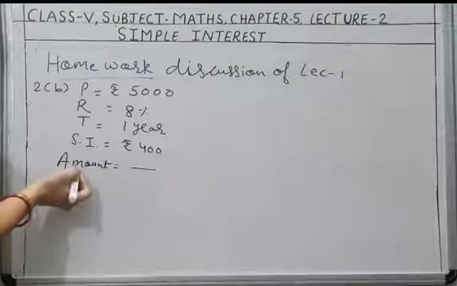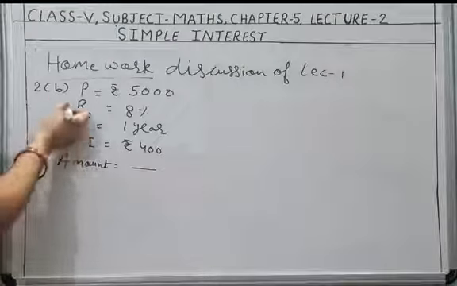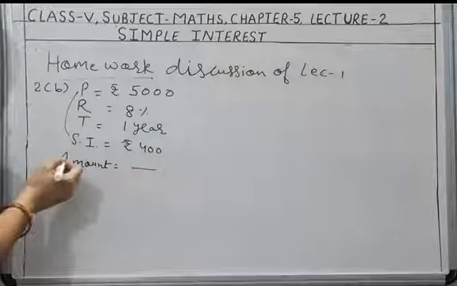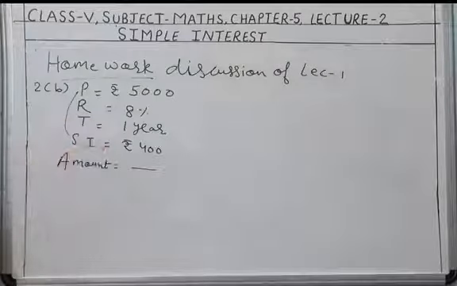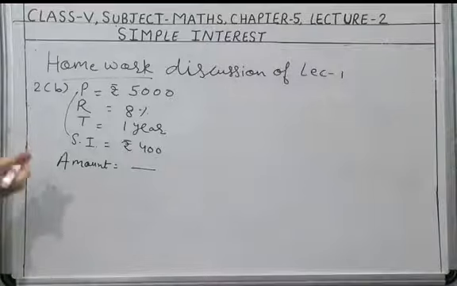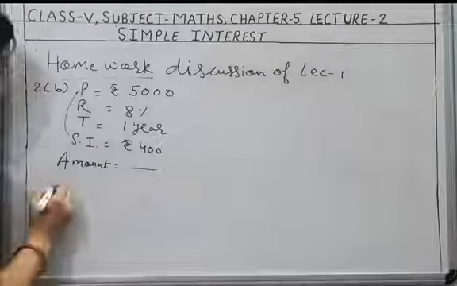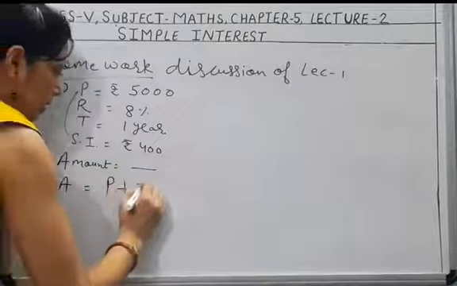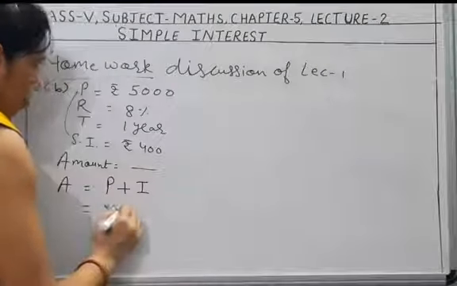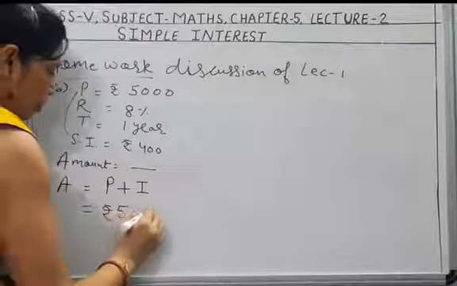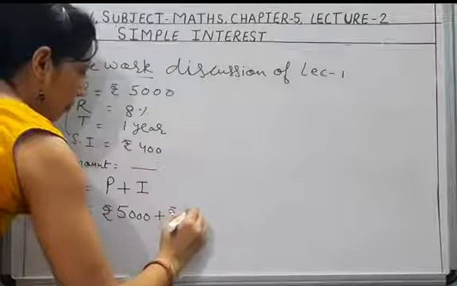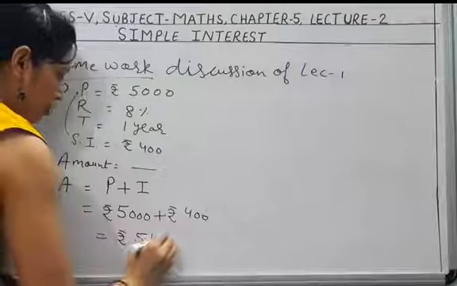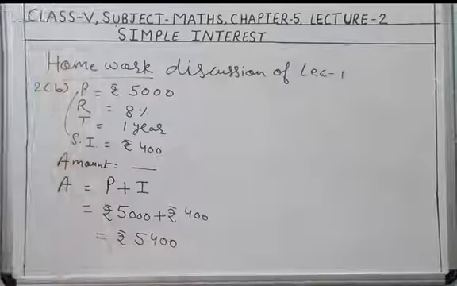We know that amount is equal to principal plus interest. So there is no need of using rate and time. We use rate and time when we have to find simple interest, but simple interest is also given. So amount is equal to principal plus interest, rupees 5,000 plus rupees 400. It will become rupees 5,400. Okay.